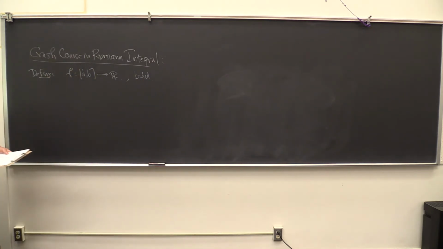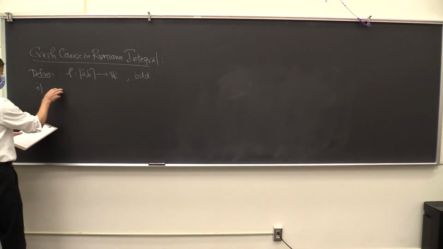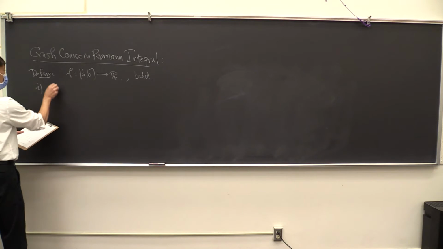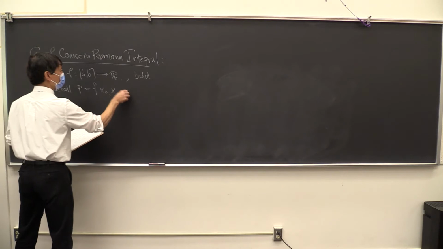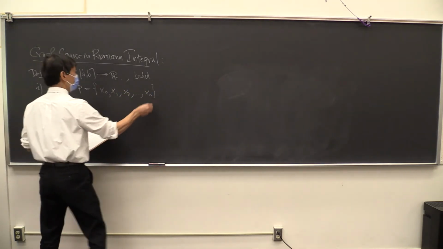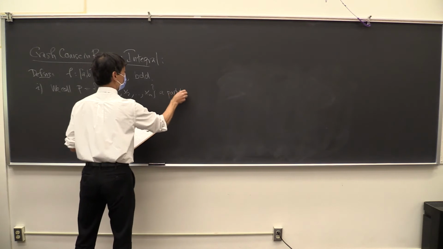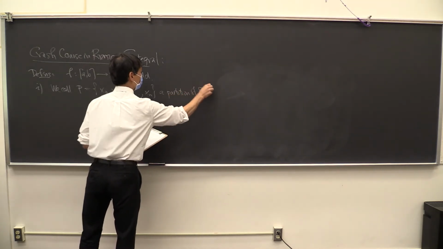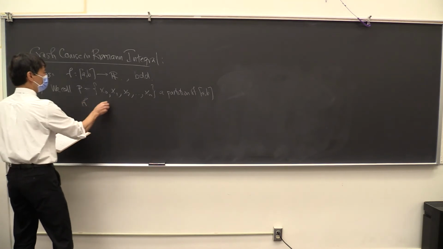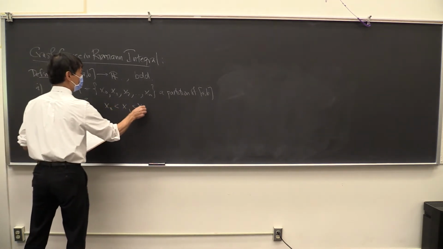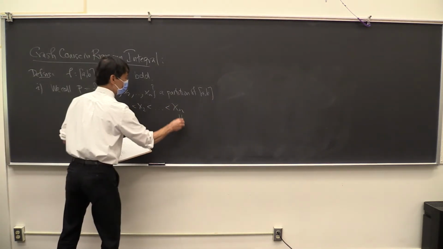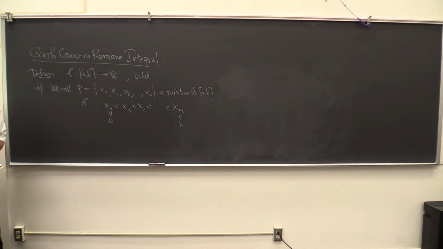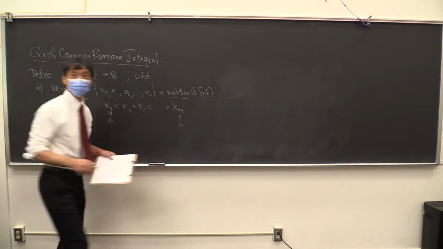We call a set of points x0, x1, x2 to xn a partition of [a,b] if x0 is less than x1 is less than x2, if they're increasing points, the first one is a and the last one is b. So this is called a partition of [a,b].